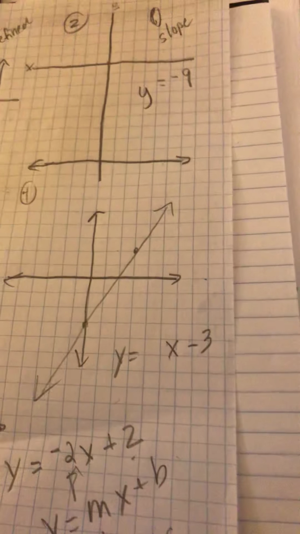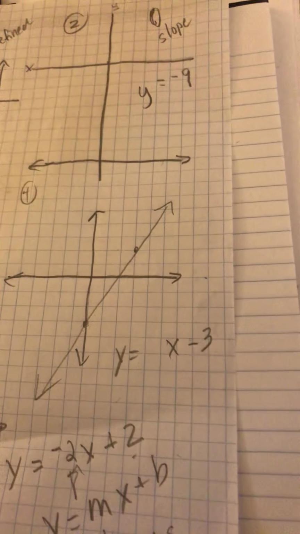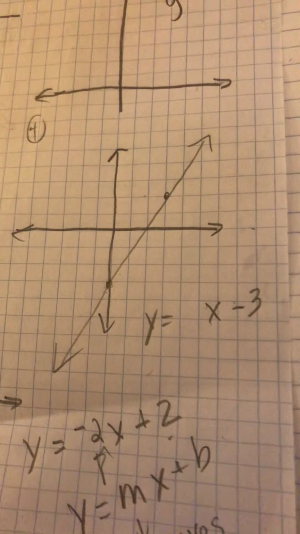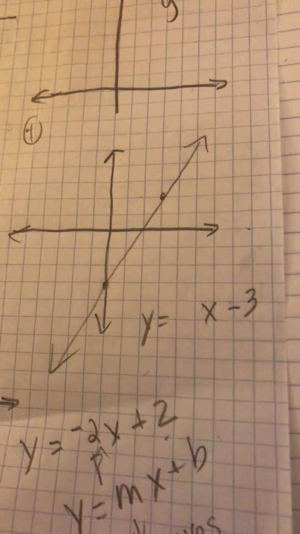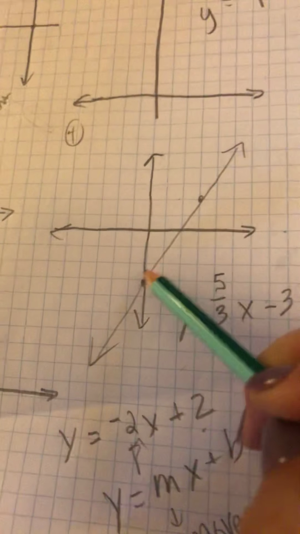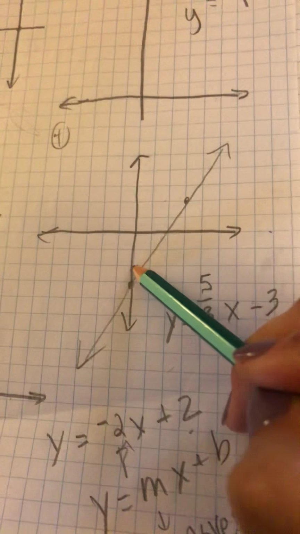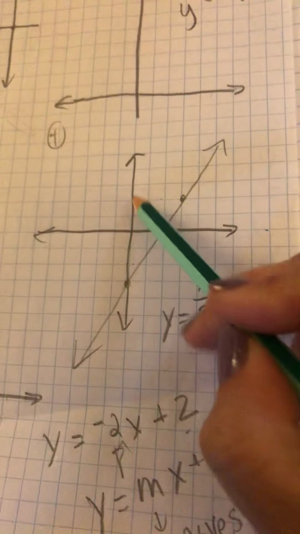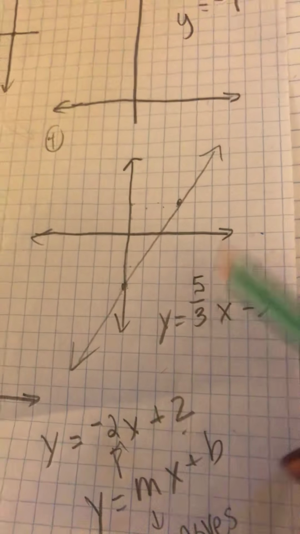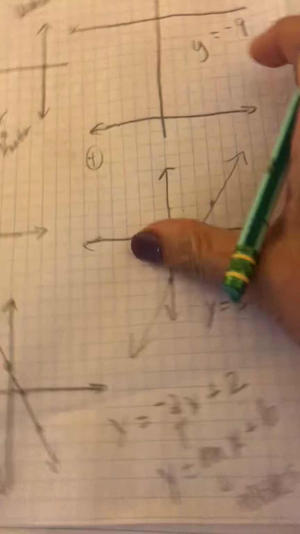So what would be the slope? 5/3. That's right. Slope is always rise over run. I rose 1, 2, 3, 4, 5. I ran 3. 1, 2, 3. 5 over 3.